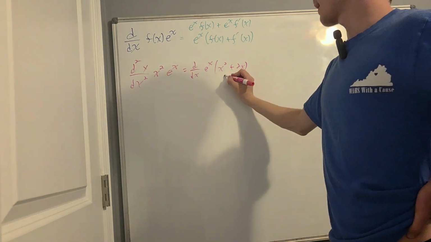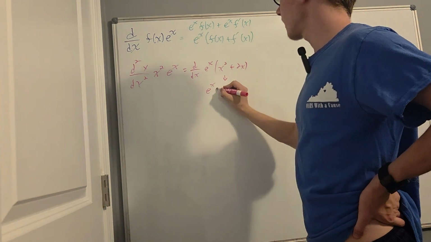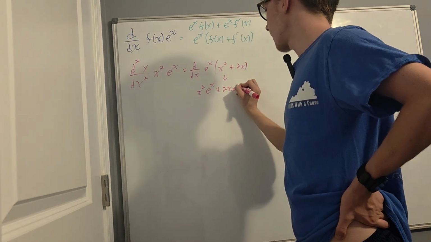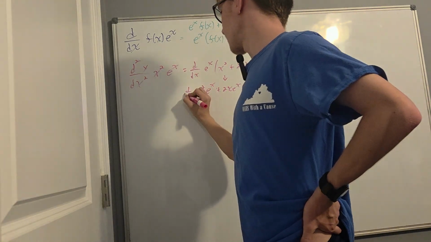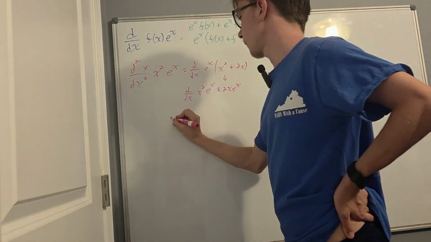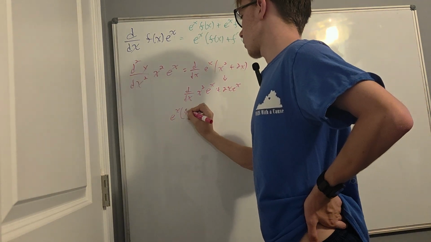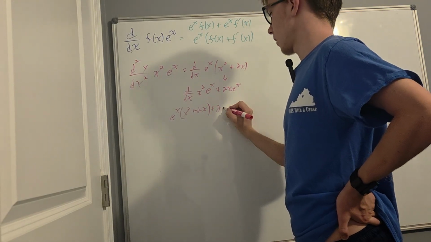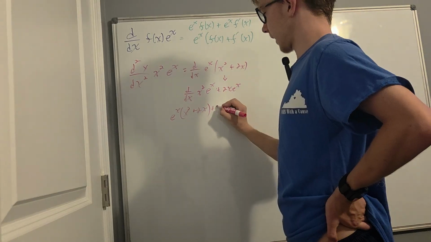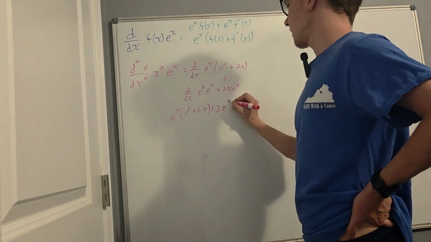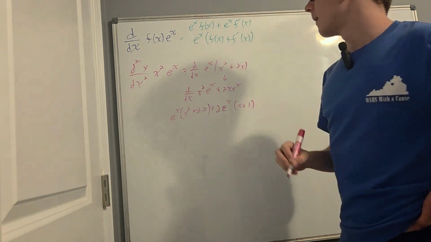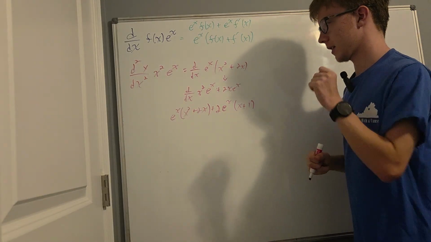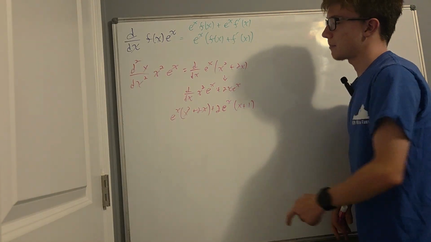In this case, I am actually going to expand this to x squared e to the x plus 2x e to the x. Now if I take the derivative of this, it goes further. We're going to have e to the x times x squared plus 2x, plus 2, because that's a constant coefficient, plus 2 e to the x, plus 1. It'll keep getting bigger and bigger, which is why it's hard to have an exact formula for it. But that's what happens here.